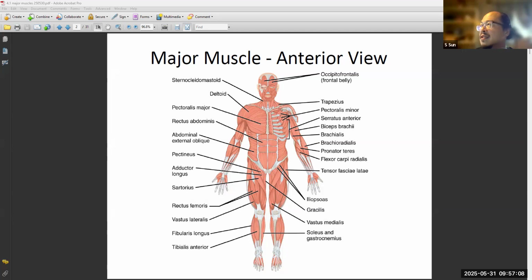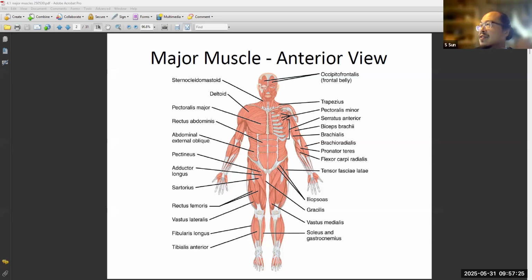And then in the abdominal portion, you have the rectus abdominis. And on the side, you have the external oblique.